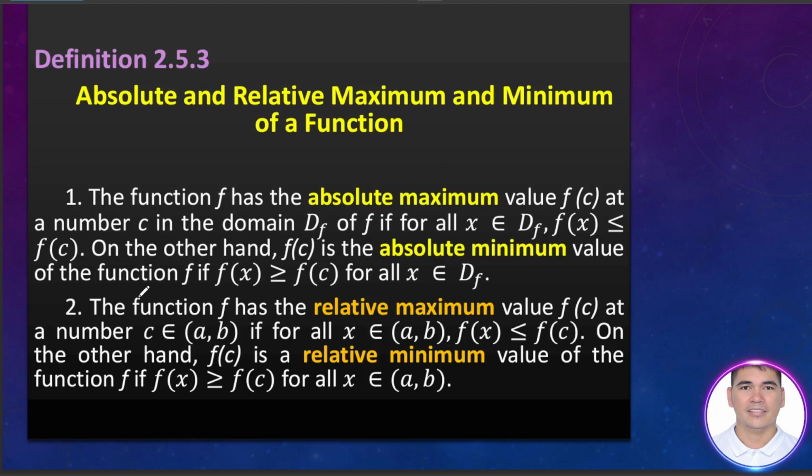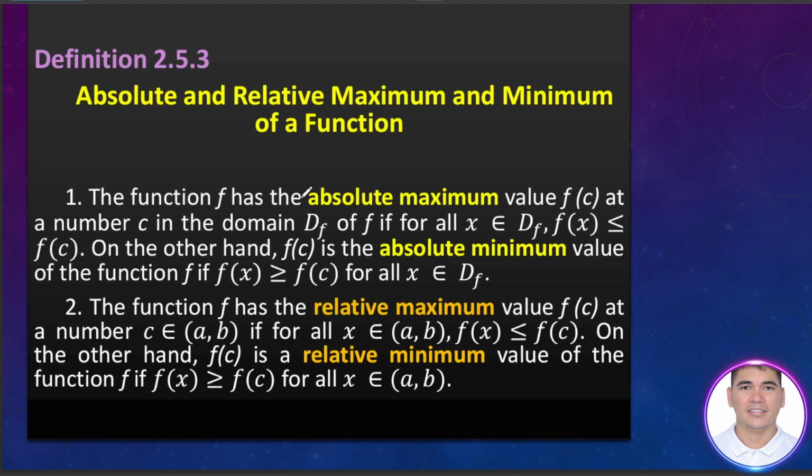Now for the second definition, we have the function f has the relative maximum value. So take note of the word relative. Later we are going to differentiate between relative and absolute. Here, the relative maximum value f of c at a number c is an element of an open interval AB. So it talks about an open interval.